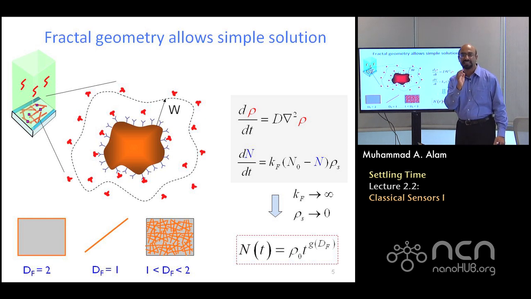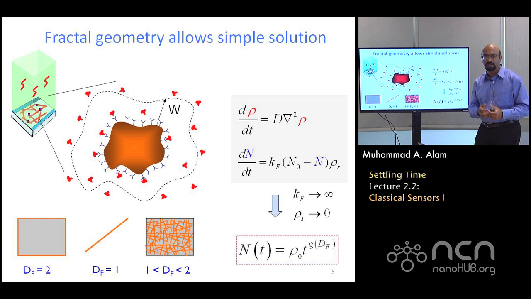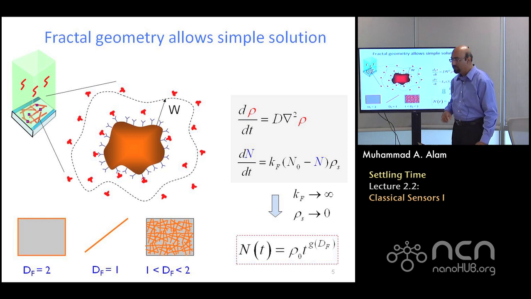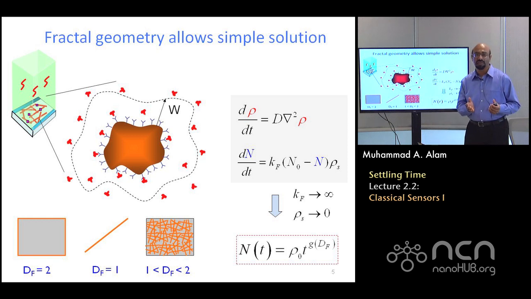It's perfectly sticky and doesn't let anybody go. As a result, anything that comes in is captured. Now, this is an idealization, but we are looking for limits. We are asking that even if you could make the best sensors which catch every molecule that comes in contact with it, how long will it take before it catches a certain number of molecules, NT?